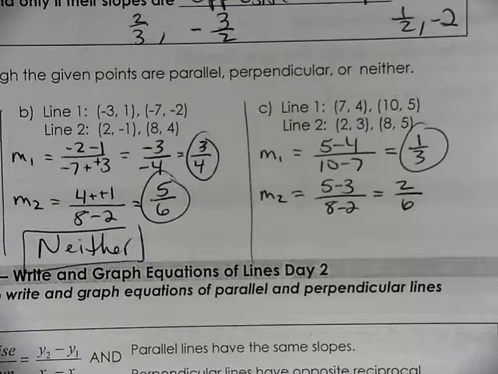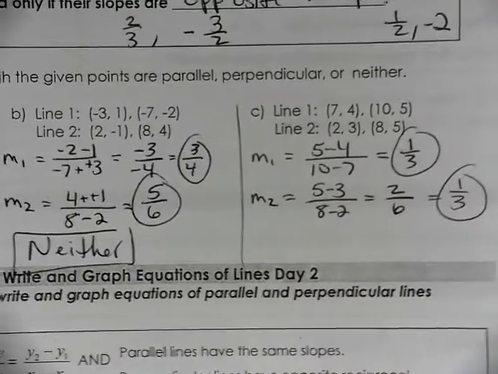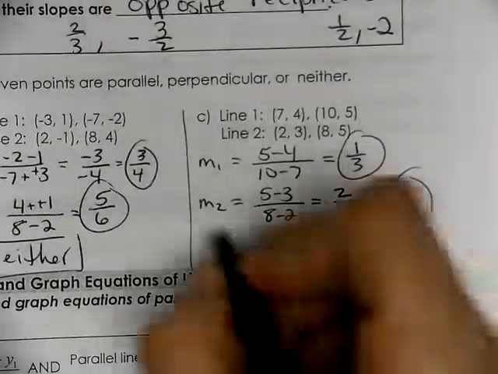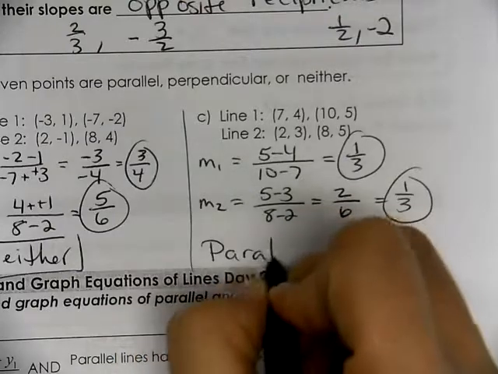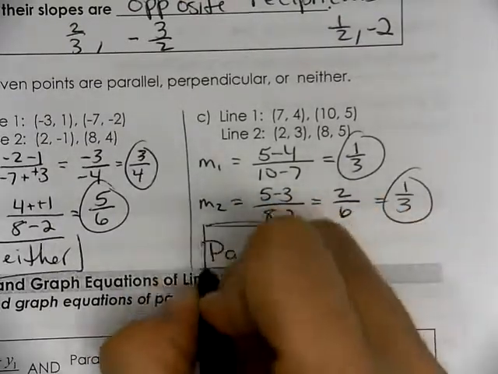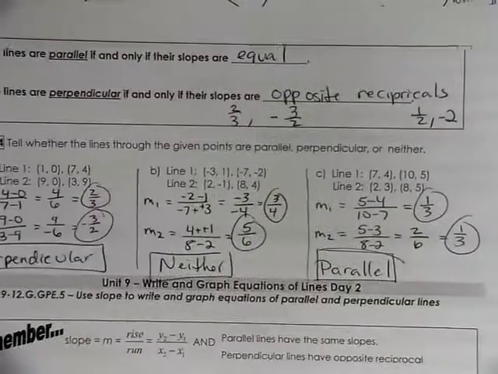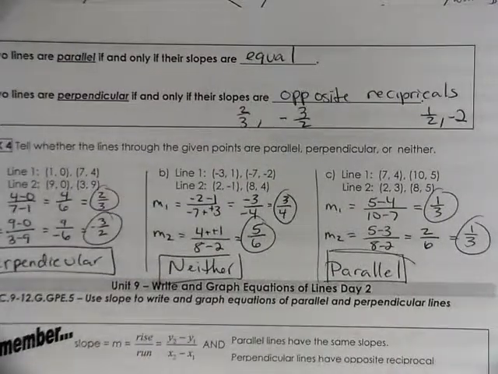What does 2, 6 reduce to? Again, 1/3. So these are what? Okay, so I should see always both slopes, then give me your answer. Questions?